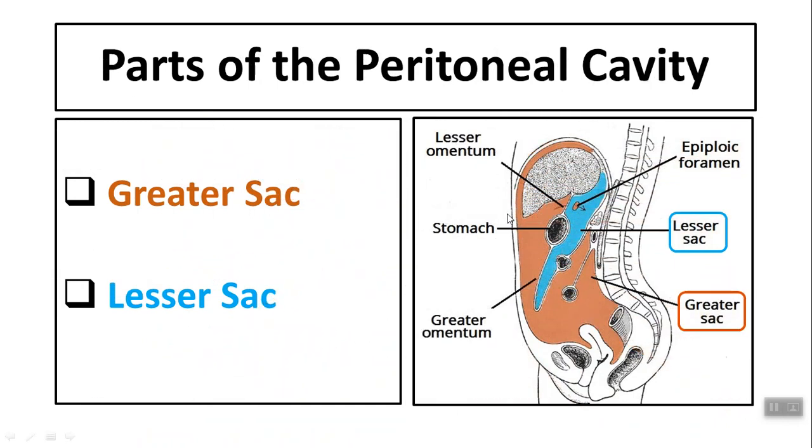We can divide the peritoneal cavity in general into two main parts, the greater sac and the lesser sac. The greater sac is the main cavity.